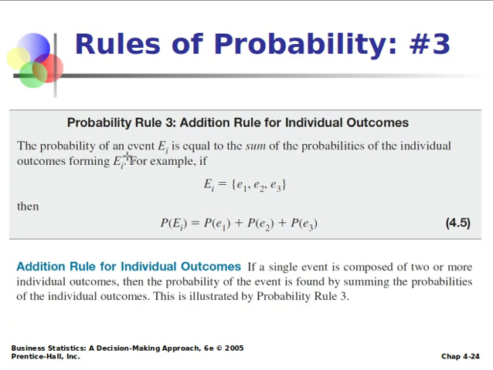The probability of an event E sub I is equal to the sum of the probabilities of the individual outcomes forming E sub I. For example, if E sub I is the set E sub 1, E sub 2, E sub 3, then the probability of E sub I is equal to the probability of E sub 1 plus the probability of E sub 2 plus the probability of E sub 3, and that's 4.5.